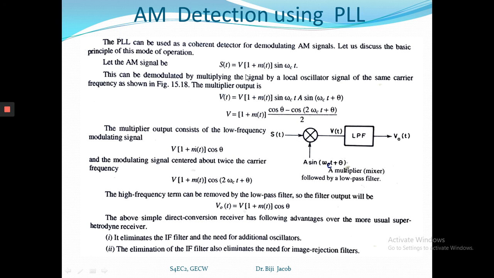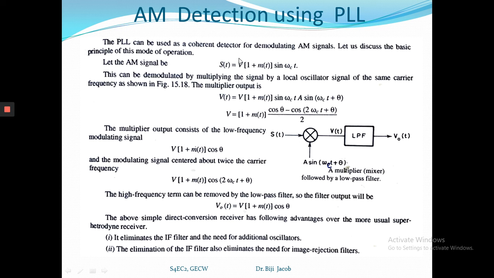So it will have a carrier signal along with two sidebands, lower sideband and upper sideband. It's a general expression for the AM signal. m(t) is the modulating signal. So it is the carrier voltage times 1 plus m(t) times sin omega c t, where omega c is the carrier frequency.